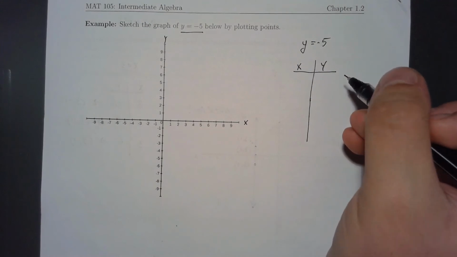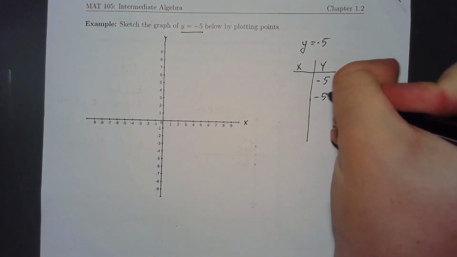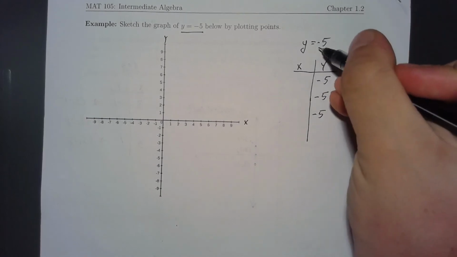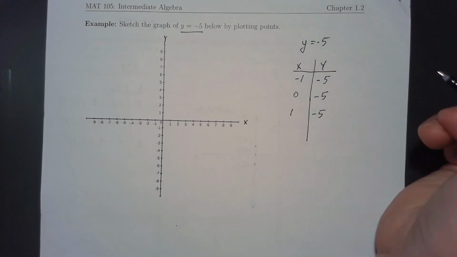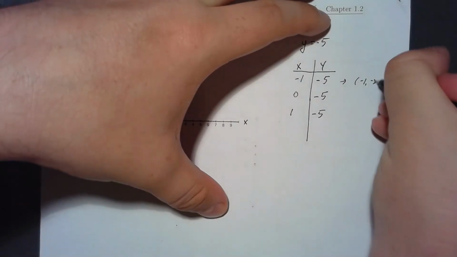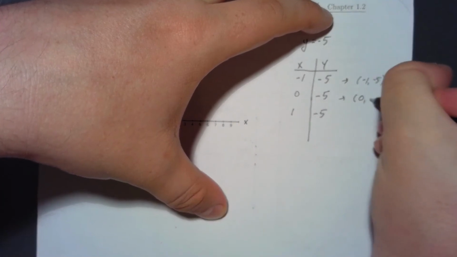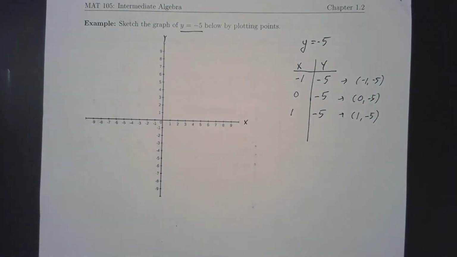This one's going to be horizontal, probably. So -5, -5, -5, because y is always -5. x could be -1, 0, 1. So my ordered pairs, and I plot those.